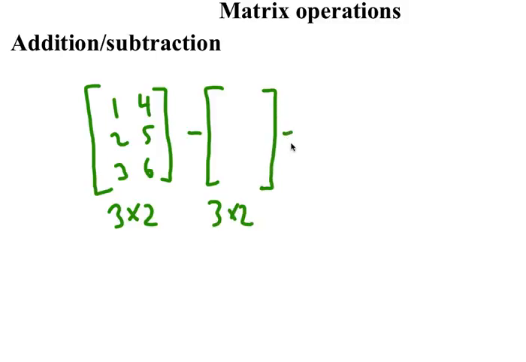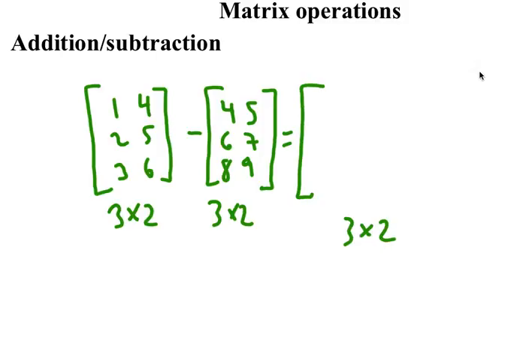Let's say this one is 4, 5, 6, 7, 8, 9. This would generate another 3 by 2 matrix, which I'm going to space out a little bit. 1 minus 4 would be the first entry, and then the second entry would be 4 minus 5.